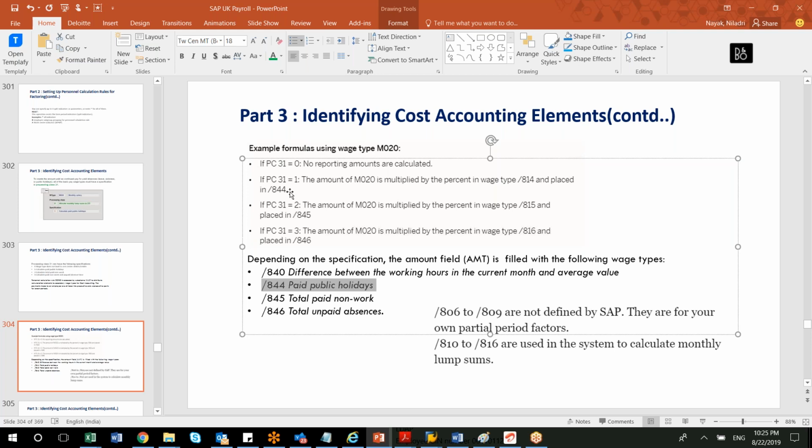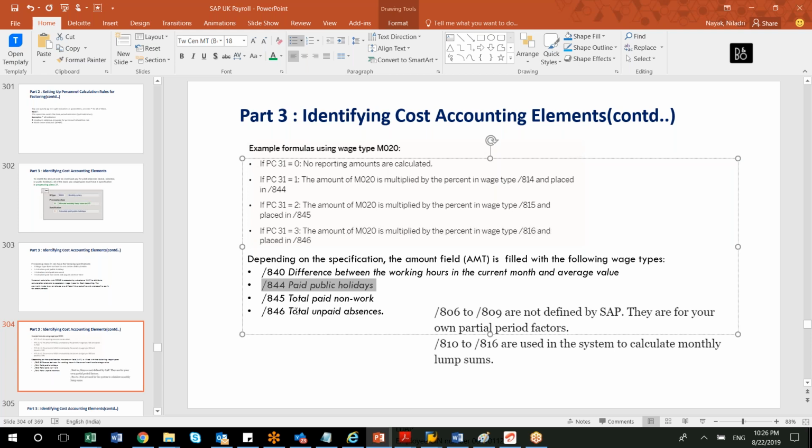Even if you have not filled in the work time sheet for that particular day, say 15th of August, you will be paid for that day. The system will take care of it as if you are present, as it is a paid public holiday.